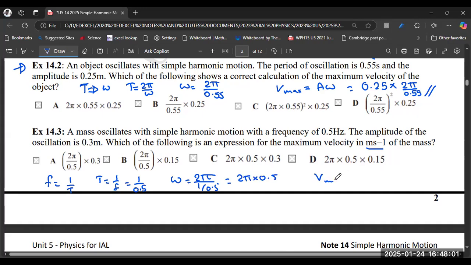Then we can find Vmax, which is A omega. Then that would be what? A is the maximum displacement, which is the amplitude 0.3, and omega will be 2 pi times 0.5.